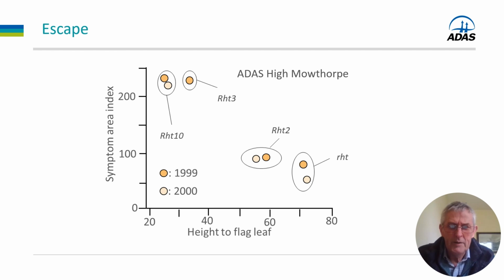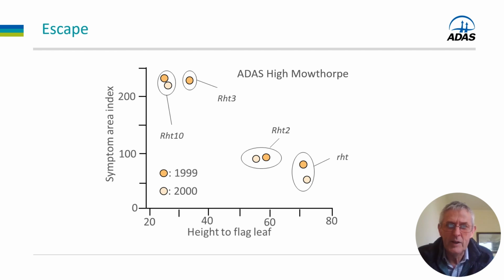So what this allowed us to do was to quantify the relationship between height, in this case height to the base of the flag leaf, and the amount of Septoria tritici symptoms in the crop, in this case measured as a symptom area index. And what we can see is the Mercia without dwarfing genes on the bottom right, with greater height to the flag leaf and lower symptom area.